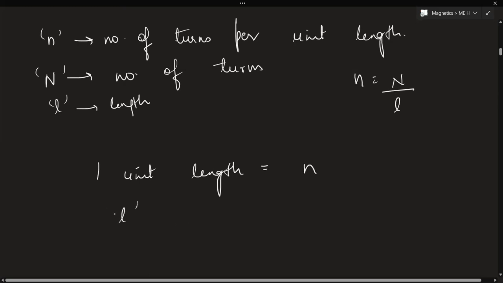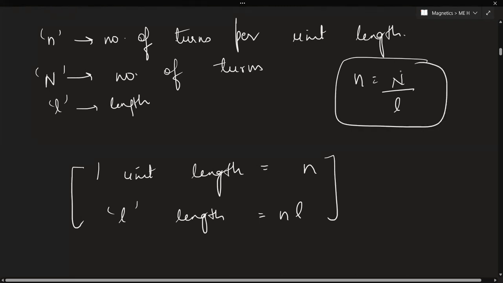So for L length, L is the length of the rectangular loop, it will be n into L. Simply unitary method. So now the current of the solenoid will become n times the current that is flowing. So number of turns of the solenoid is nL, that we have studied now. We have discussed it in this way as well.